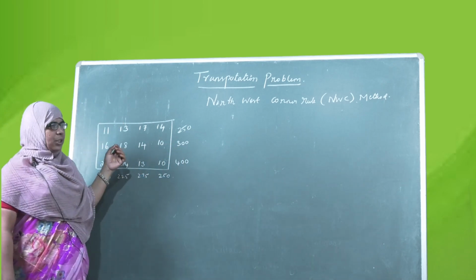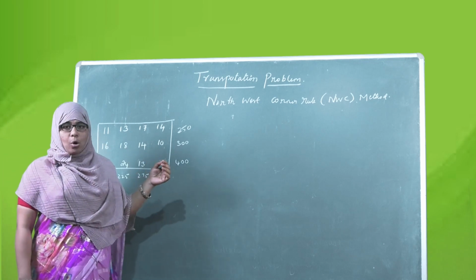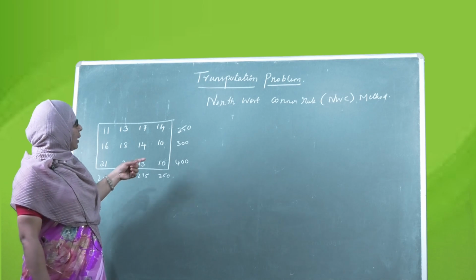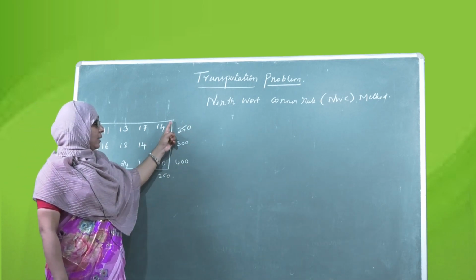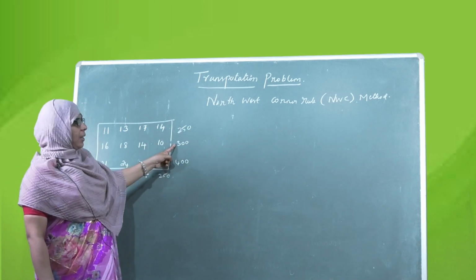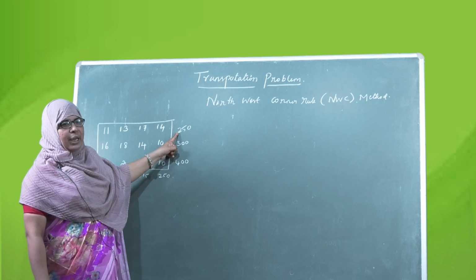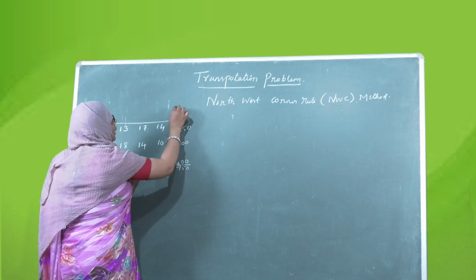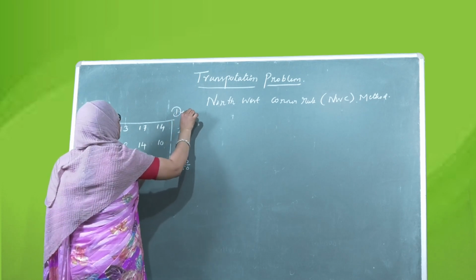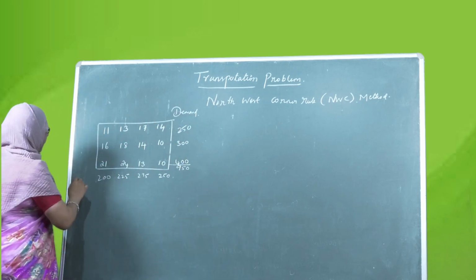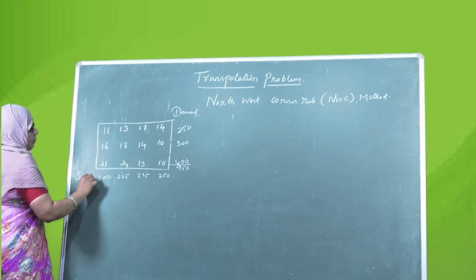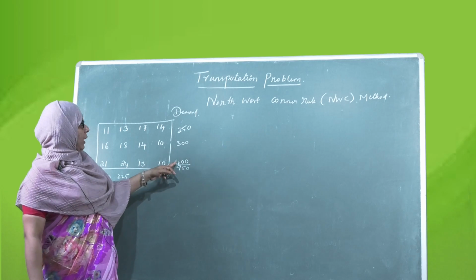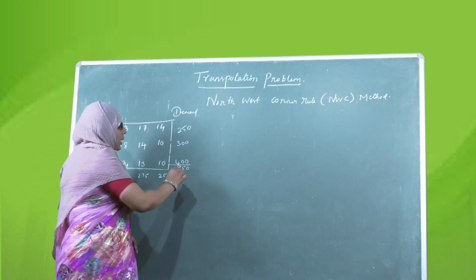First of all, you have to check whether the problem is balanced or unbalanced. How can we find it? You add the demand column: 250, 300, 400, and finally we get 950.